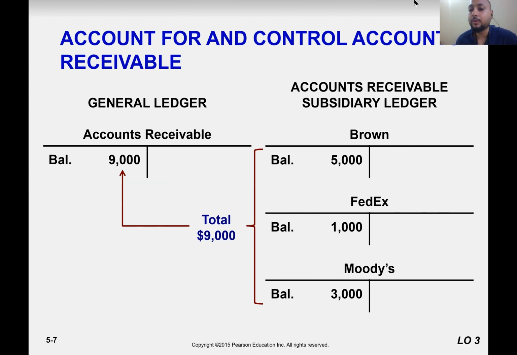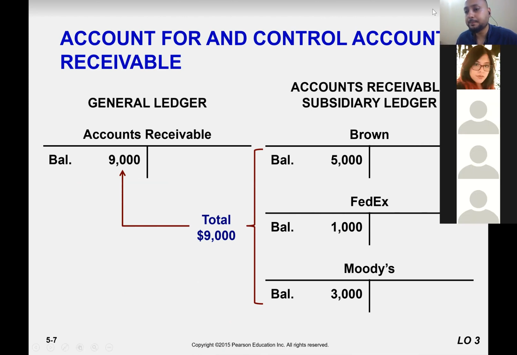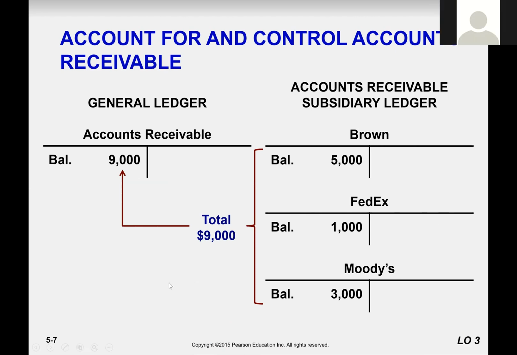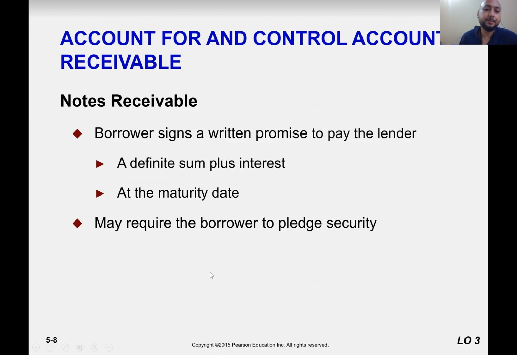Similarly FedEx, 1,000. Moody's, 3,000. Those are the subsidiaries. You add them, so the total amount we need to collect from customers is 9,000. So does everybody understand how accounts receivable acts as a control account for all the receivables? Harry, Marilyn, Nam, Pinyo, Dayon, understand? Understood. Good. Okay, let's move forward.